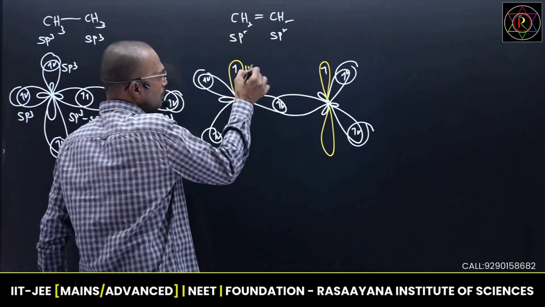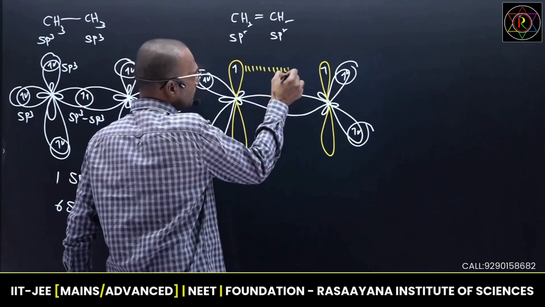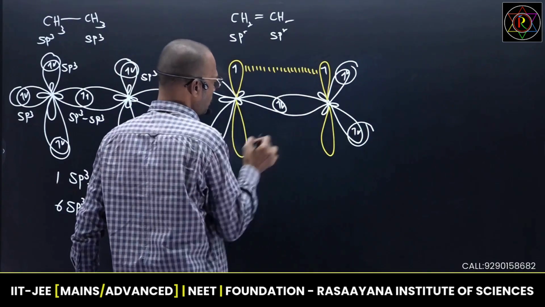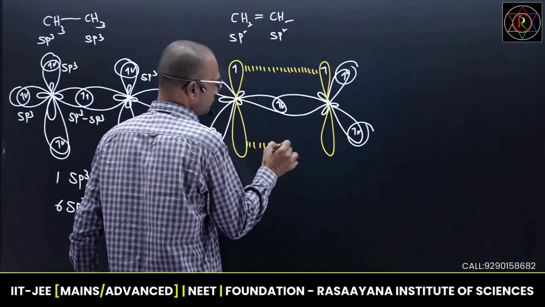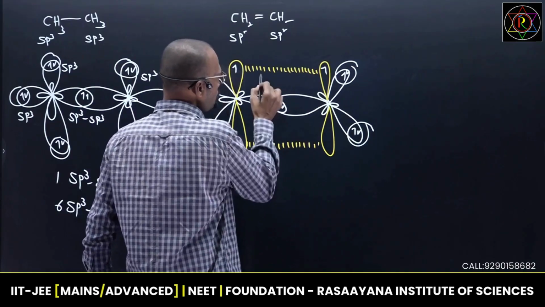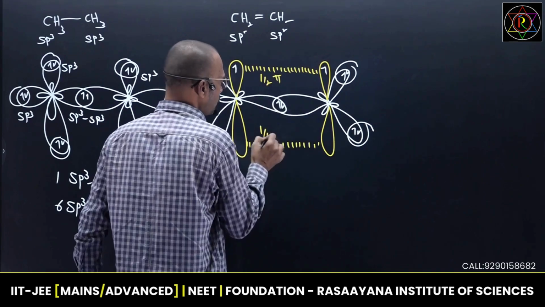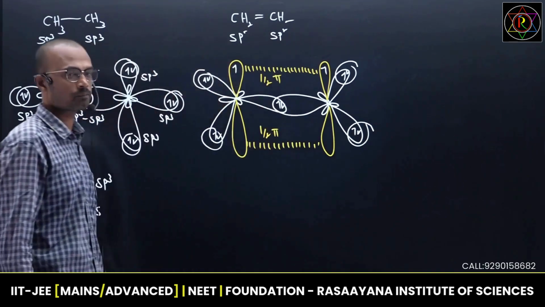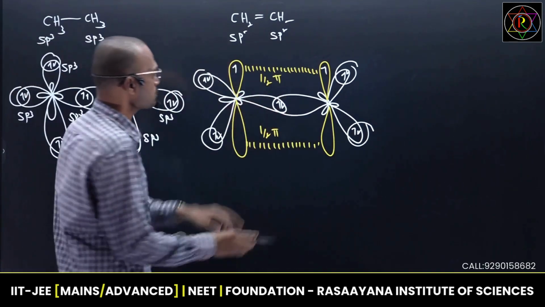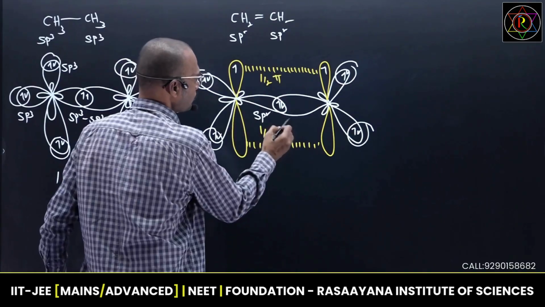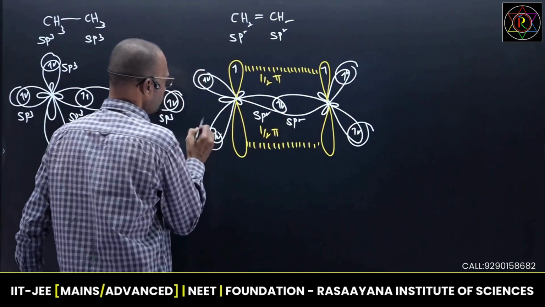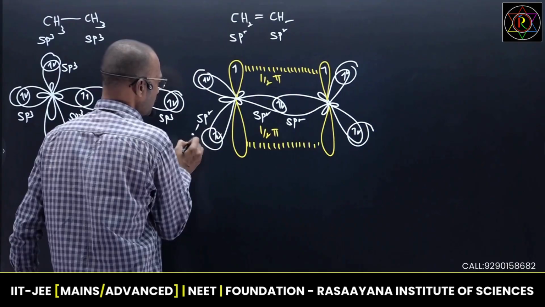So these unhybridized orbitals undergo sidewise overlap. This sidewise overlap is responsible for giving the pi bond. Half of the pi bond is above, and the remaining half is completely below. So I can say this is sp2, this is sp2, and here also sp2, here sp2, and here s is there.